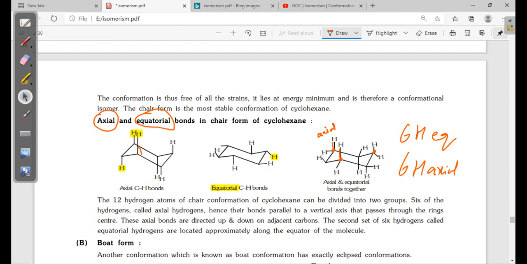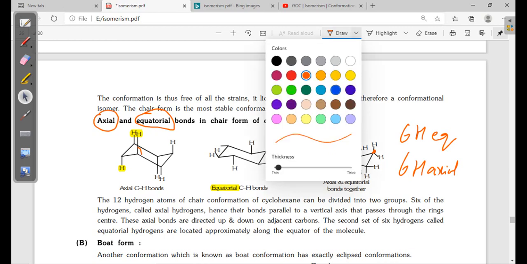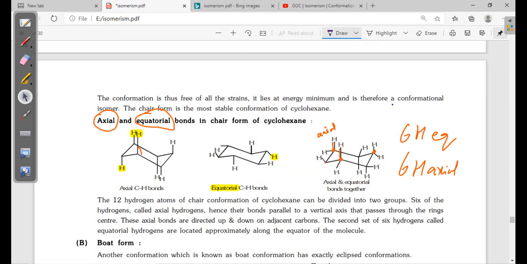Axial position has more repulsions, so it is less stable. The below carbon, the downside carbons, again have hydrogens on the downside.